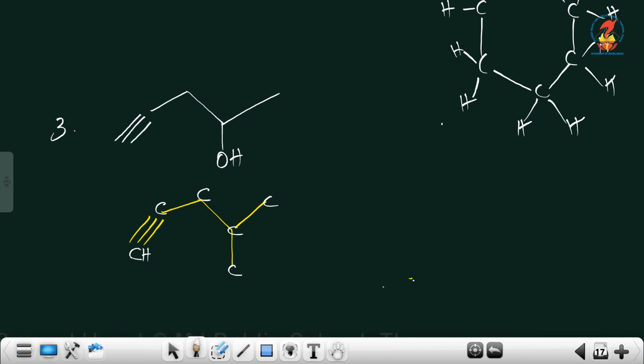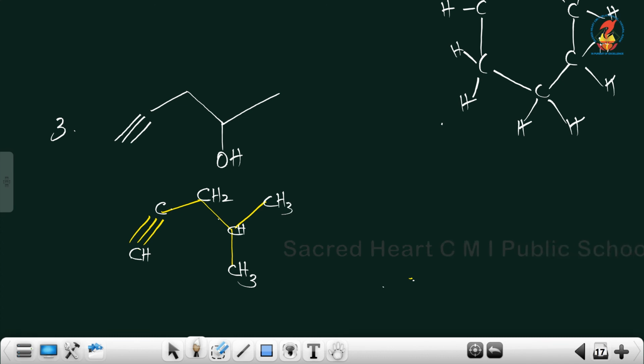What about the second carbon? 1, 2, 3, 4. 4 valencies are already satisfied, so no more hydrogen on this carbon. This carbon has 1, 2 valencies satisfied, remaining 2. This carbon 1, 2, 3 satisfied, so remaining 1. On this carbon 1 valency is satisfied, so remaining 3. So here also 3, because we know that they are terminal carbons.